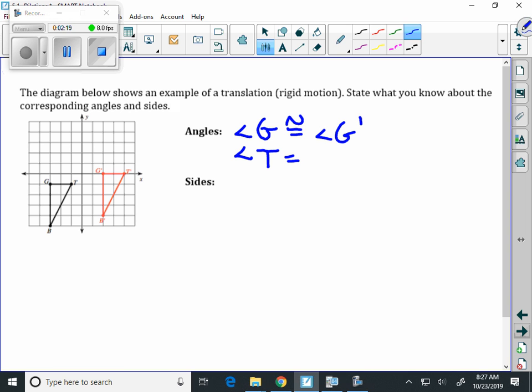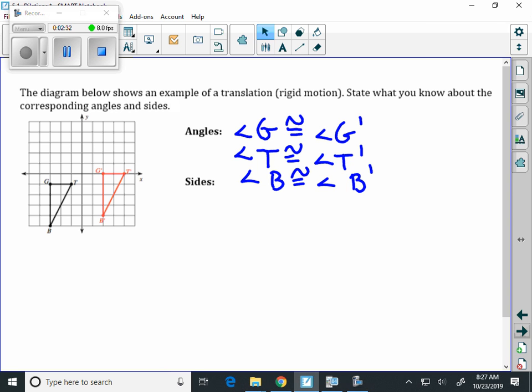Angle T is congruent to angle T prime. And angle B is congruent to angle B prime. And it's the same idea for the sides. And you don't have to have these listed in the same order, you just have to have them listed.